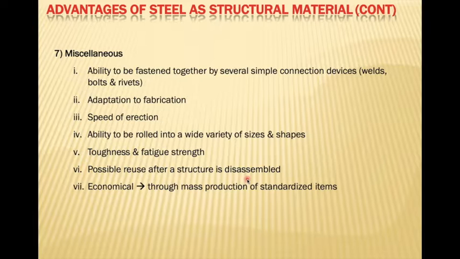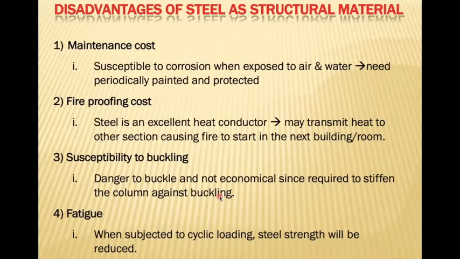Then we can reuse the material, and it is also economical through mass production of standardized items. If we are doing mass production of certain parts, it can be an economical investment of using the steel.